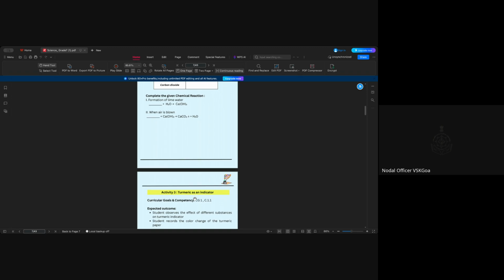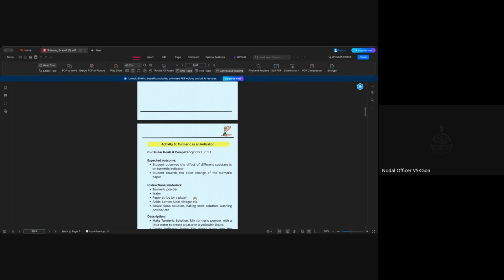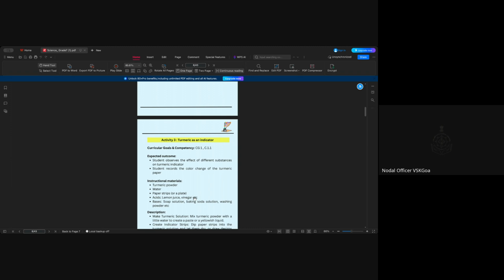The third activity is just like the first activity, wherein we are talking about turmeric as an indicator, but here, one particular thing before we go further with this activity. This turmeric as an indicator activity caters to curricular goal 1, along with curricular goal 6 and curricular goal 7.